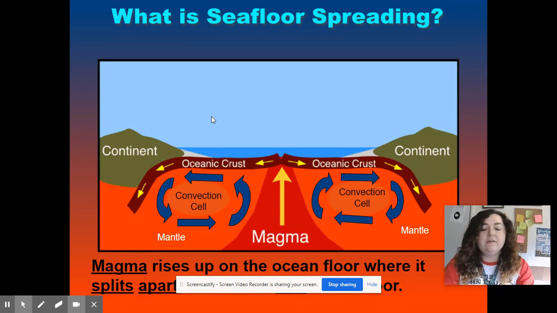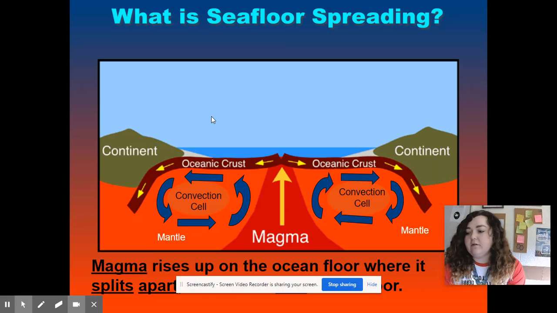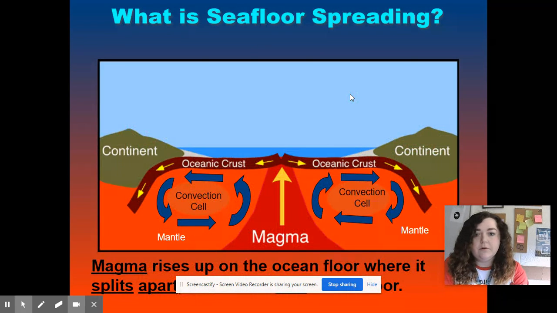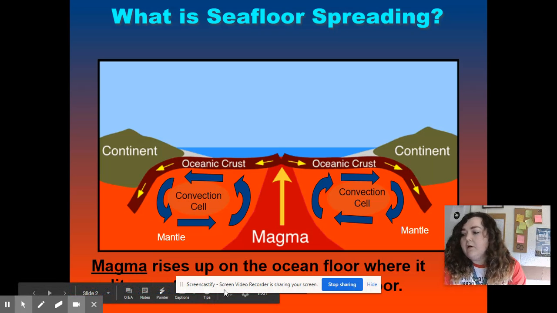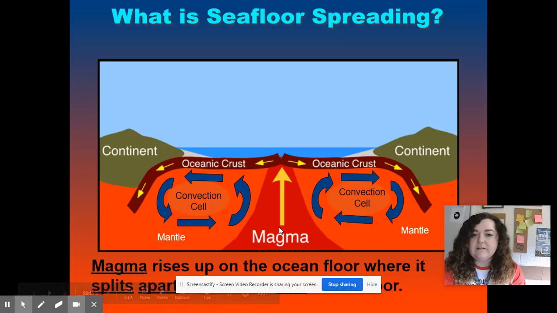So seafloor spreading is a specific type of divergent plate boundary. So the first blank on your notes here, a process that forms. What do you think it forms? It forms new seafloor. For it to form new seafloor, some things have to happen.